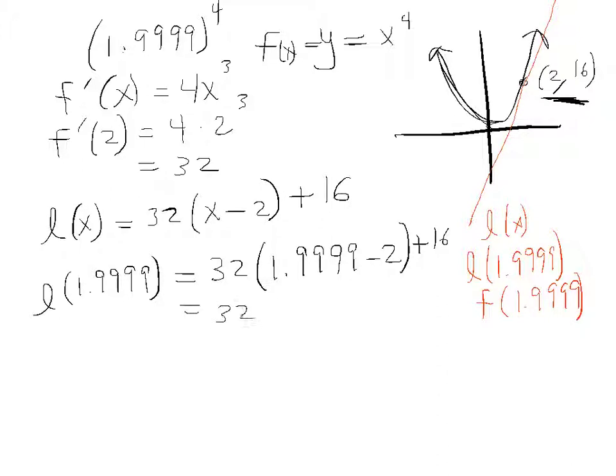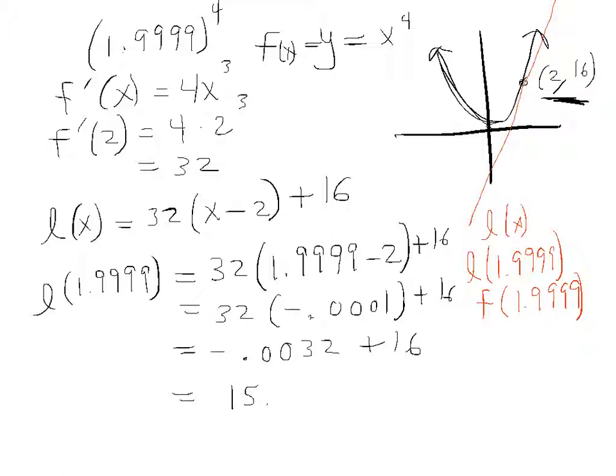That would be 32 times negative 0.0001 plus 16, which would be negative 0.0032 plus 16. And so that would be 15.9968, and that would be a good approximation of 1.9999 raised to the fourth power.